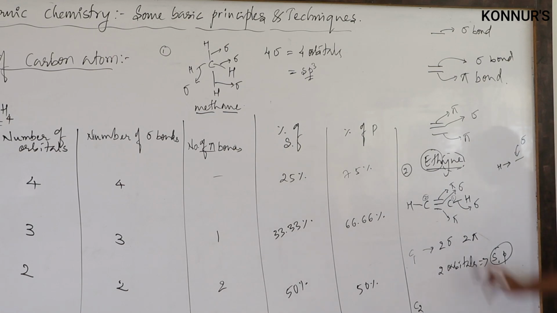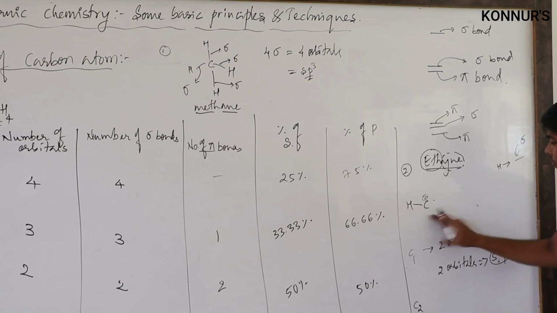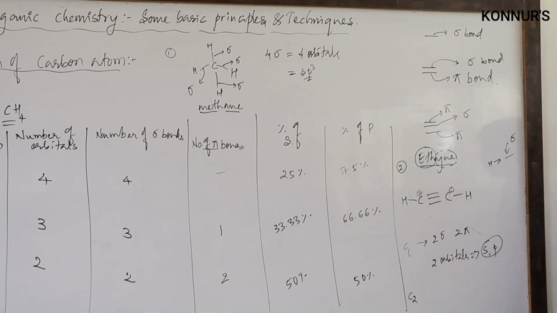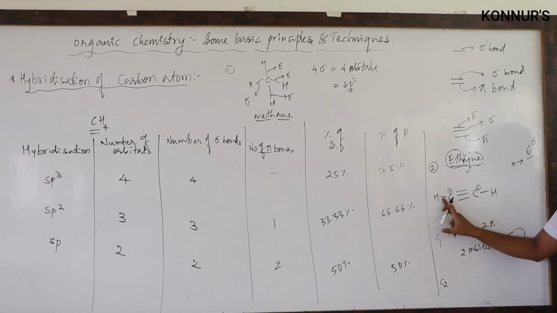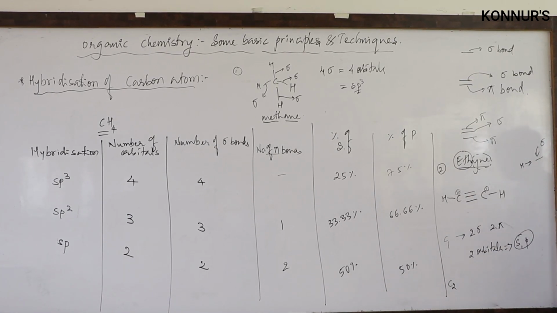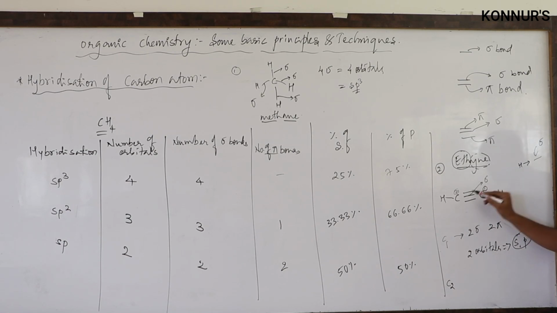Coming to the C2 part now. Triple bond CH. Okay, the C2 part. It also contains 4 bonds. With a hydrogen 1, and with this C1 carbon there are 3. I already told you straight away, the middle bond is a sigma, these side ones are pi bonds, and this is sigma.